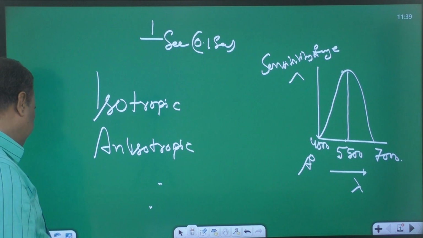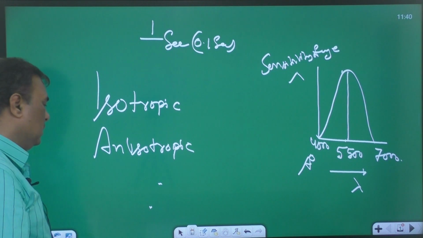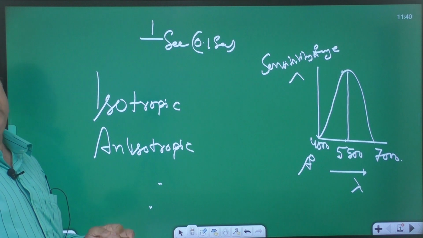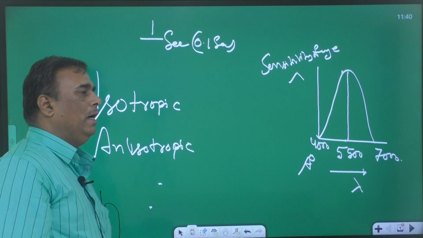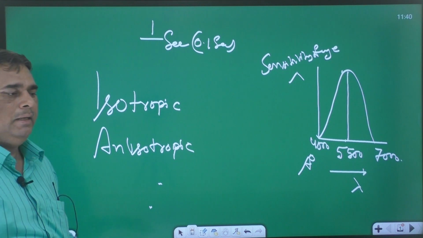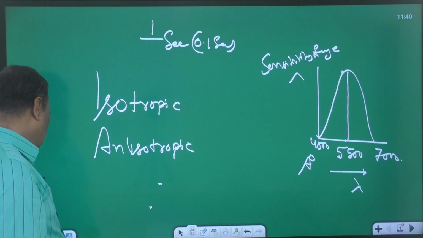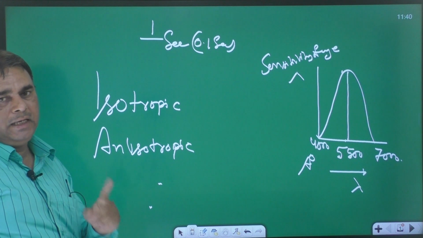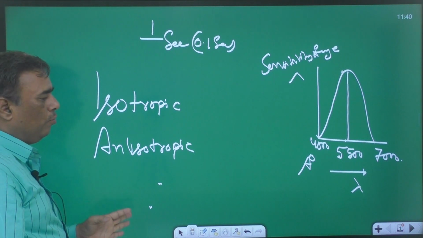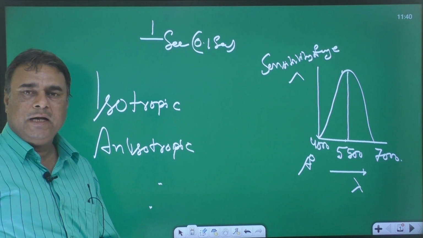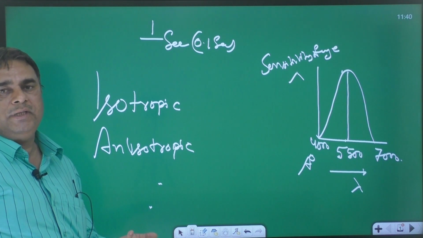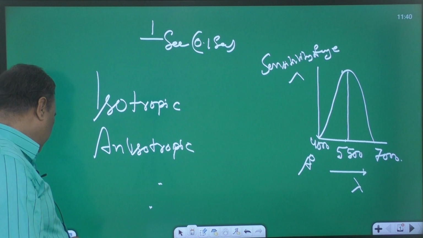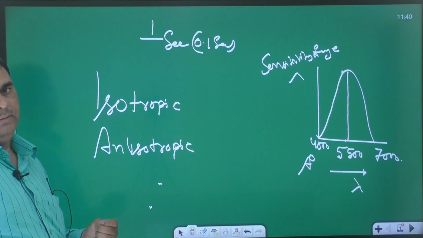After that, light which has a single wavelength is called monochromatic, while white light is called heterochromatic. Single wavelength light is called monochromatic, and white light, which has a different range of wavelengths, is called heterochromatic light.